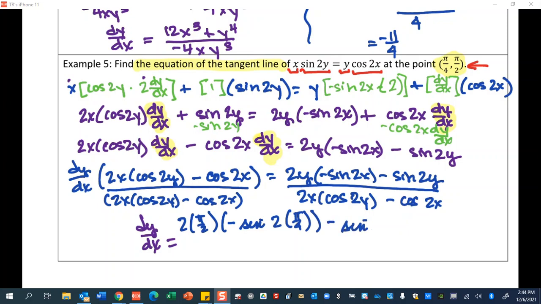Minus the sine of 2 times y, which is pi over 2. All of that divided by 2 times x, which is pi over 4, times the cosine of twice y, which is pi over 2.